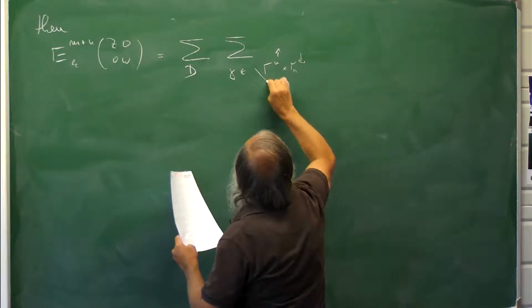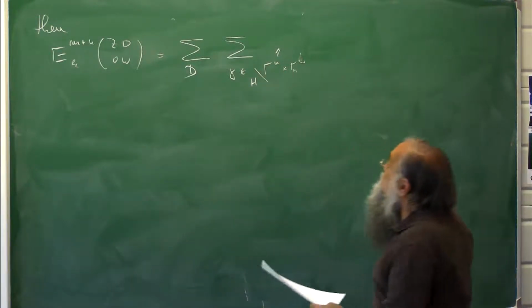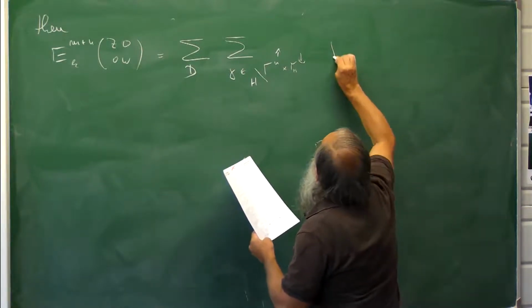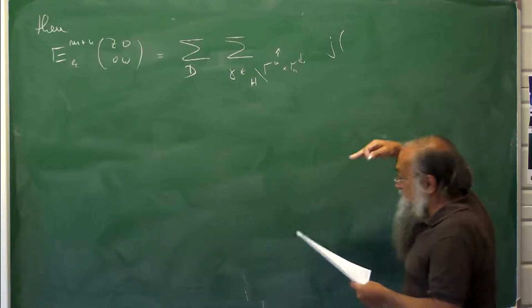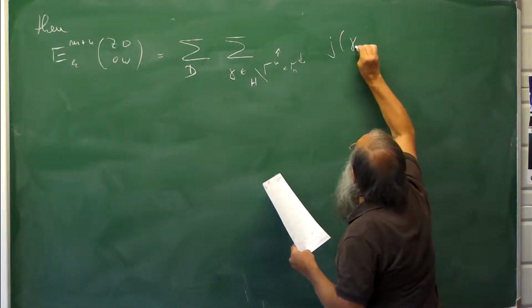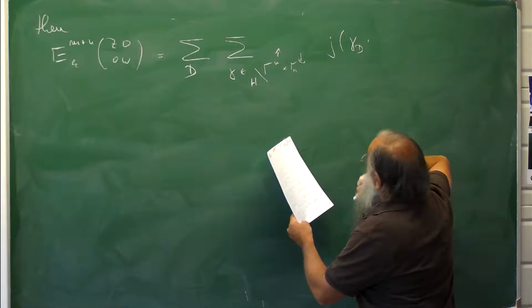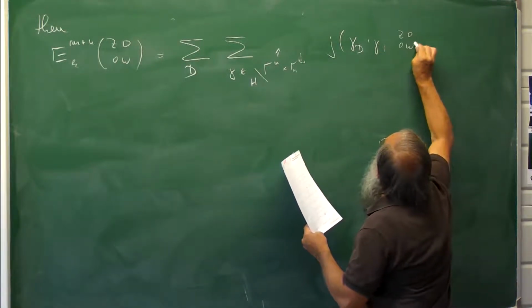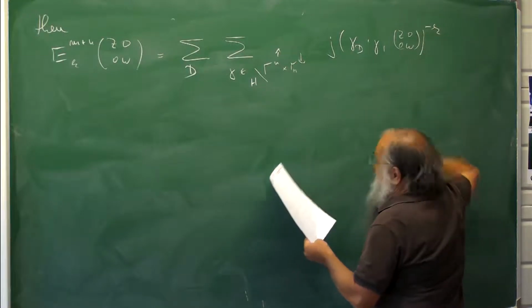Lower upper divided by H. And now I prefer, instead of determinant of Cz plus D, I write the automorphic factor. We take here this gamma D times gamma z0 w to the minus k.